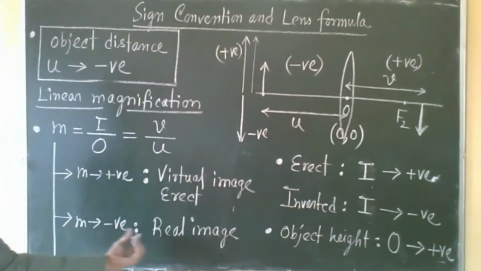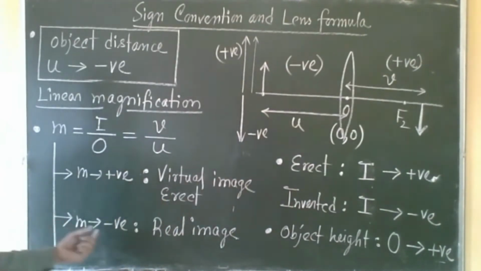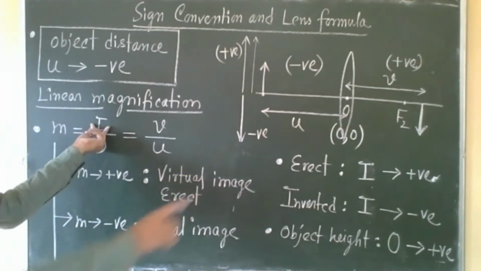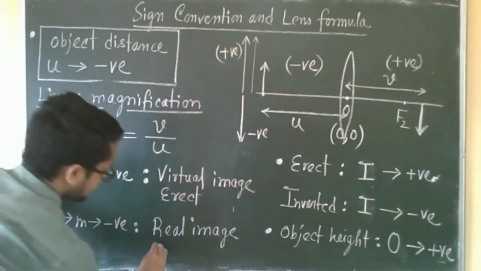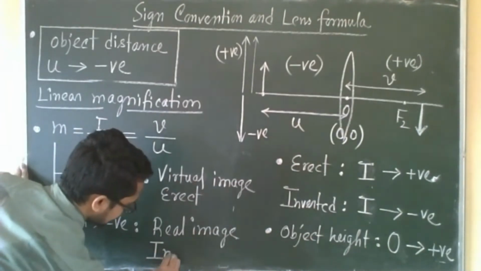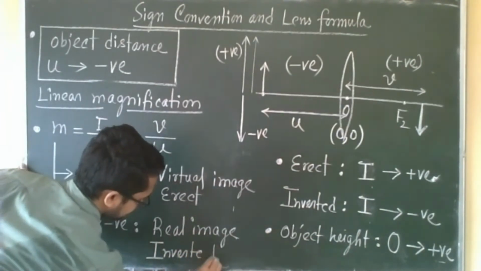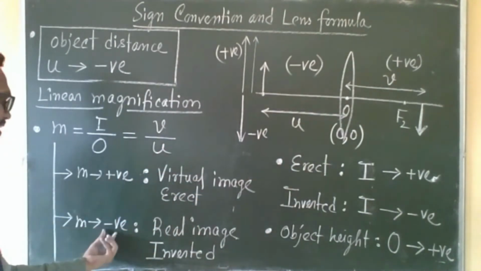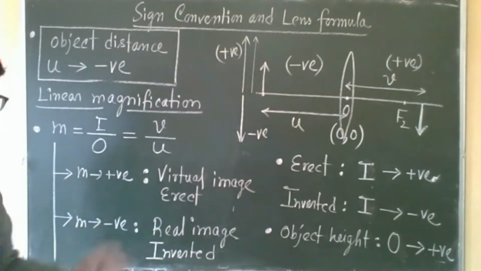Only from the sign we can write. So it is real image and M is negative. Object height is always positive. Image height should be negative. Image height is negative for inverted image. And we always know that real image means inverted image. Okay, no need to check. Real image means inverted image. Virtual image means erect image. Okay, so only from the sign of magnification we can write the two properties.